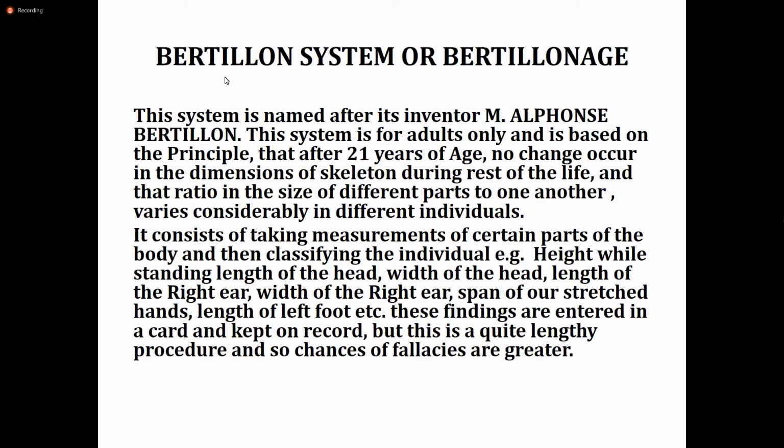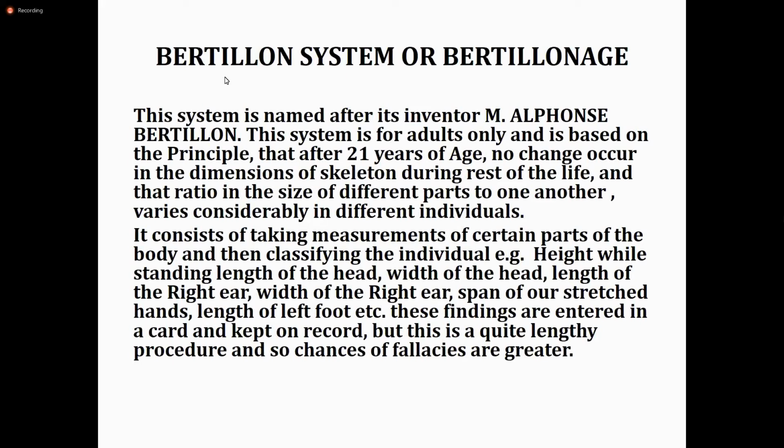That is, after 21 years of age, all measurements become fixed or constant. And if we take the measurements of the different parts of the body, then they will be individualistic for a person, and the measurements are also not going to change. Okay, the ratio in the size of different parts to one another varies considerably in different individuals. So that's how he said one individual could be distinguished from the other individual.